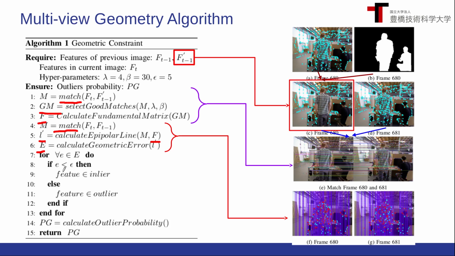Then we judge inlier and outlier features by comparing the geometric error with the threshold. If the error is larger than the threshold, then this feature is classified as an outlier. Finally, we calculate the moving probability using the geometry check, which I will introduce later.